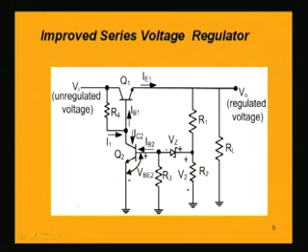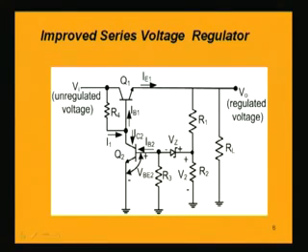Q2 is having the base current IB2, collector current IC2, and transistor Q1 is having base current IB1 and emitter current IE1, which will be again going into the load.